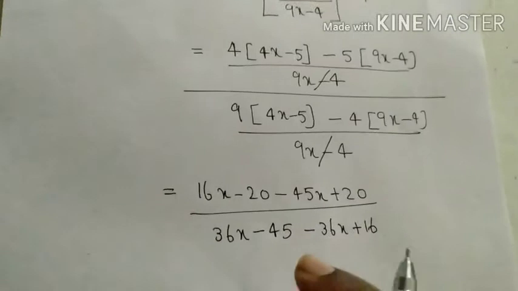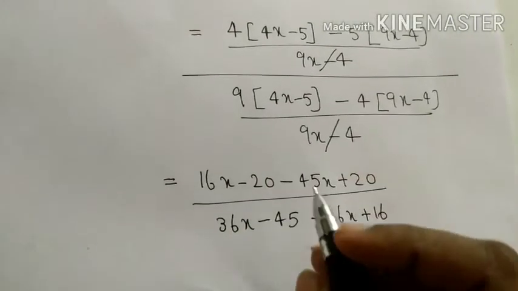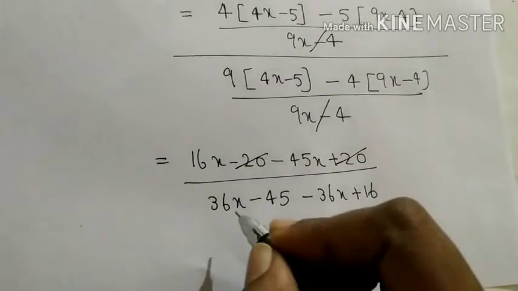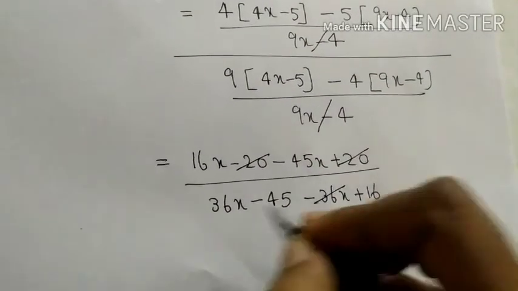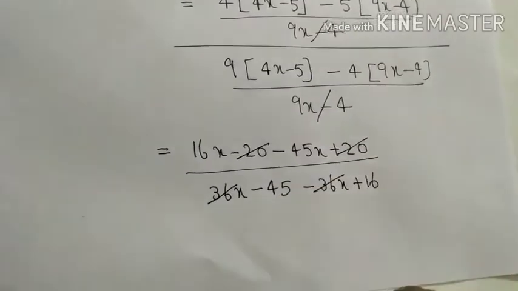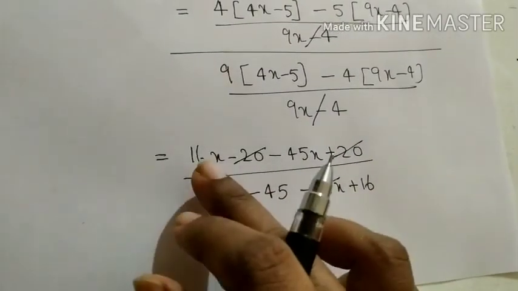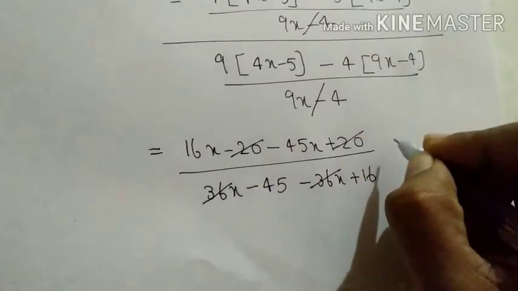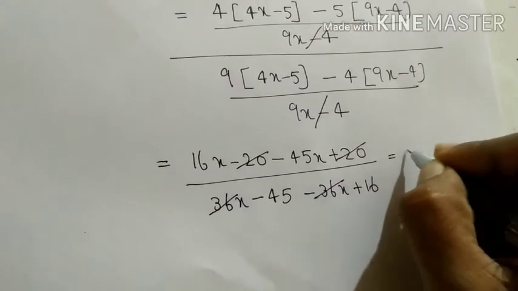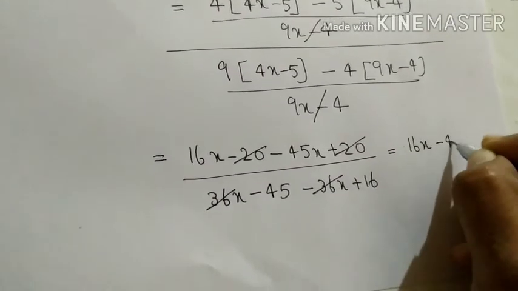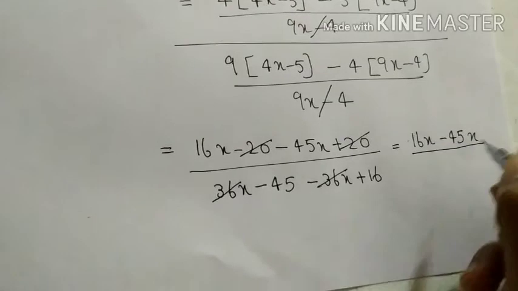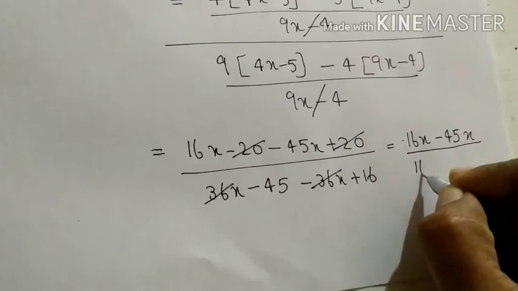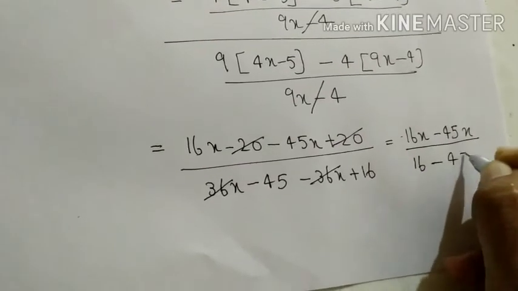Here in the numerator, plus 20 and minus 20 cancel each other, and in the denominator, minus 36x and plus 36x cancel each other. We get 16x minus 45x in the numerator, and in the denominator 16 minus 45.